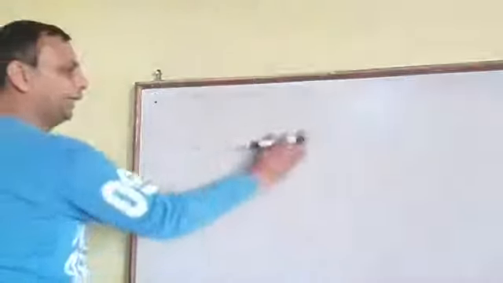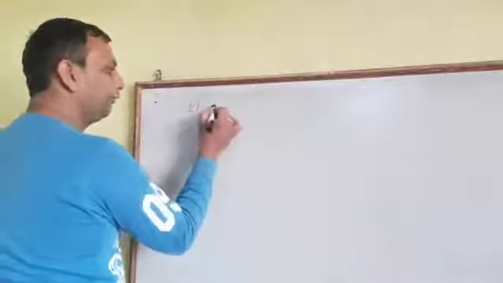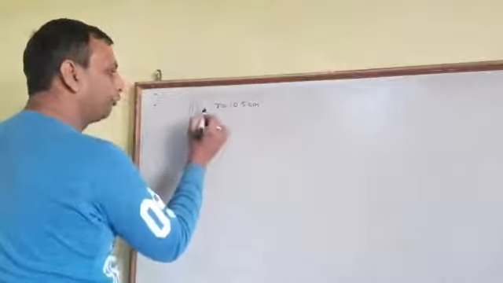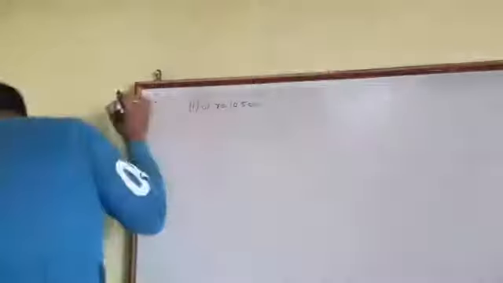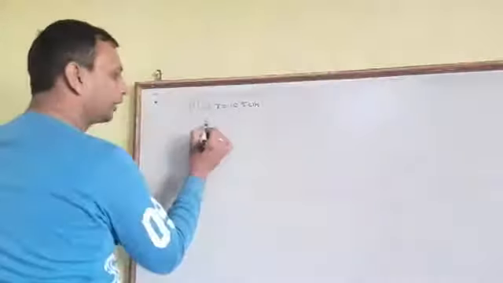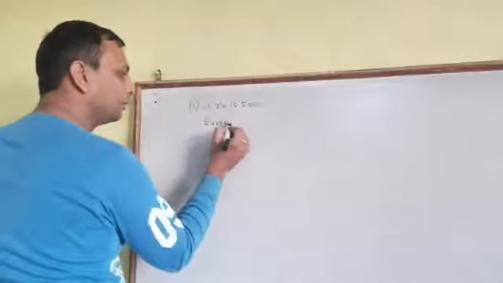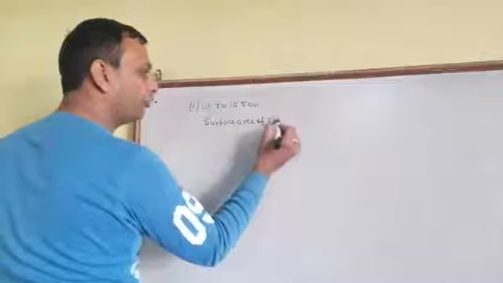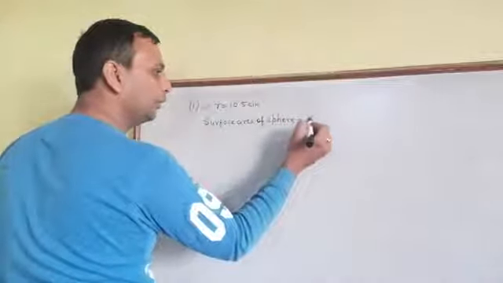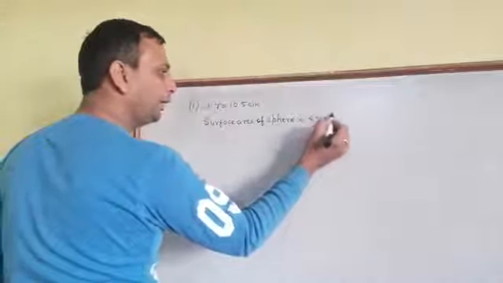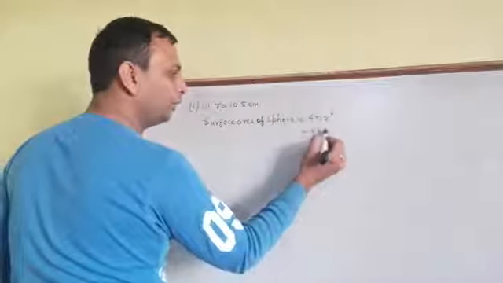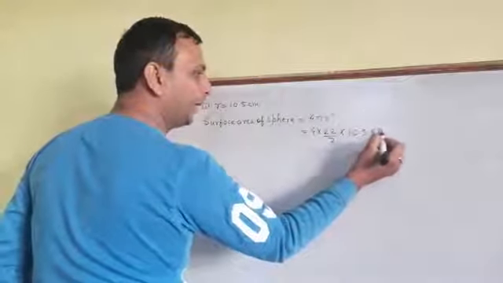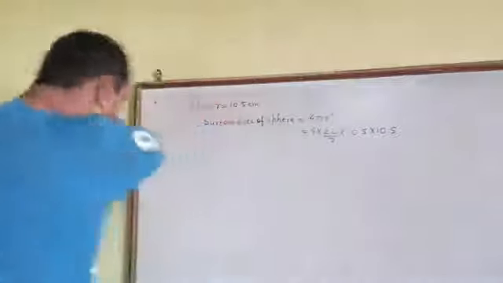So the first question says that the radius is 10.5 centimeter, and we have to find the surface area of the sphere. Surface area of sphere is 4 pi r square. 4 times 22 upon 7, radius 10.5 multiplied by 10.5, because the r square is here.